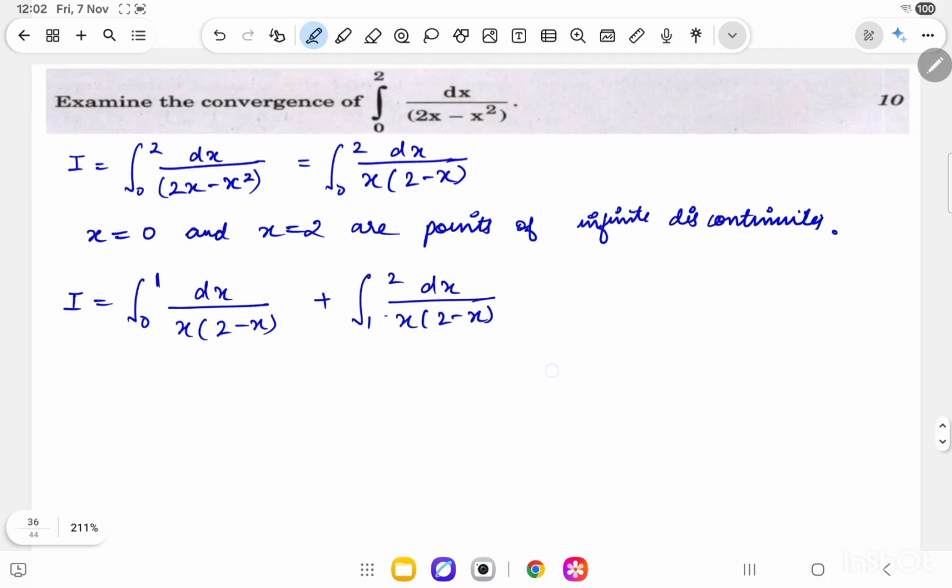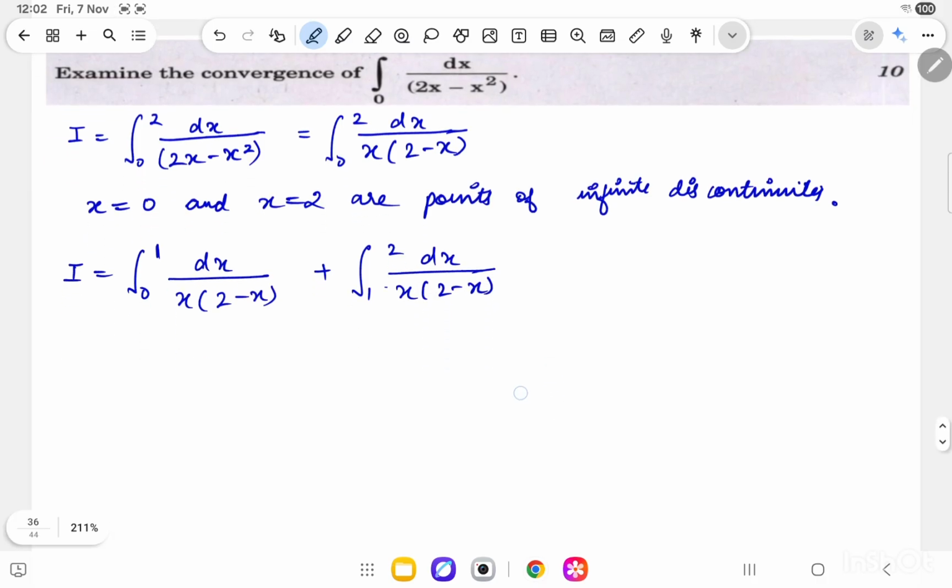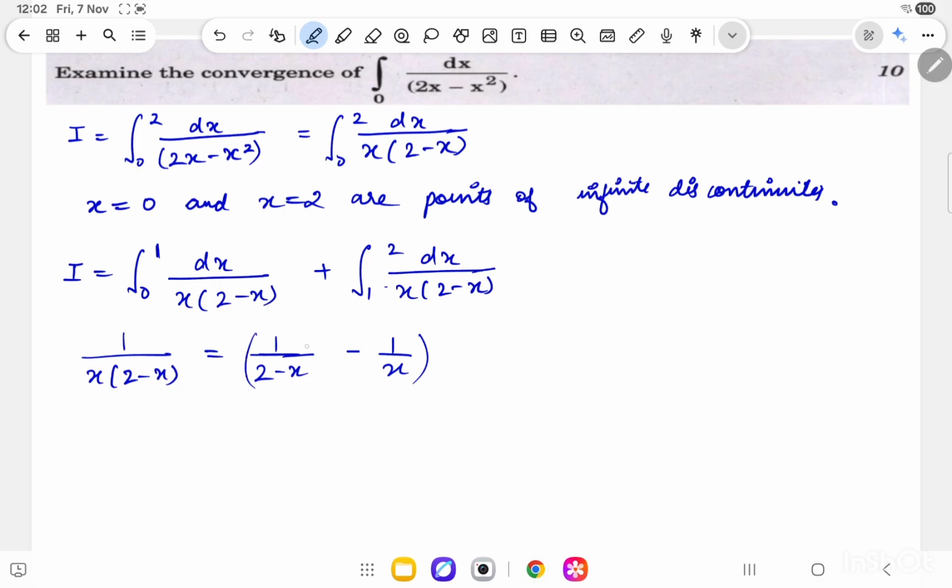In order to integrate it, I'll use partial fractions. In partial fraction form, 1 by x times (2 minus x) will be equal to 1 by 2 times (1 by x plus 1 by 2 minus x), with the 1 by 2 outside.